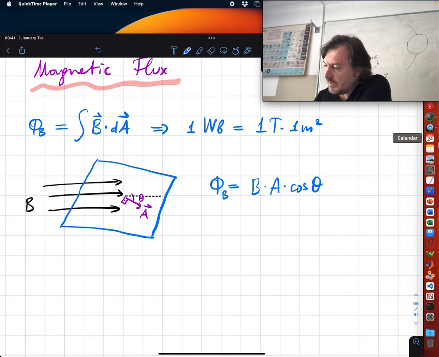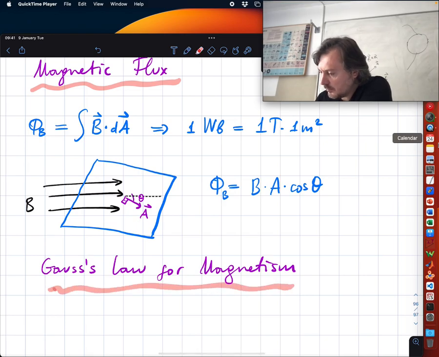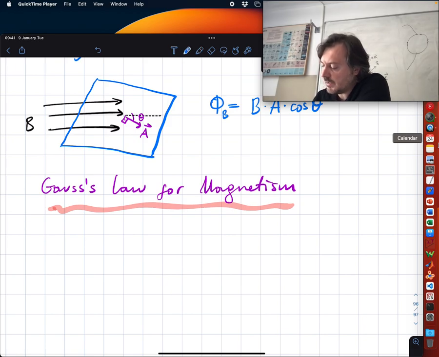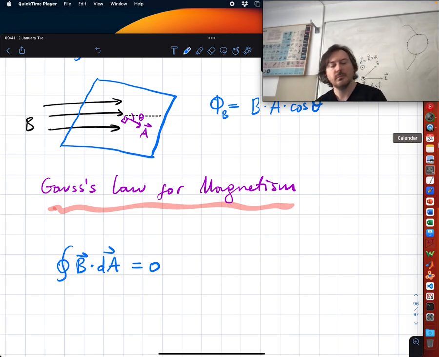So that brings us to Gauss's law for magnetism. Gauss's law for magnetism tells you that as far as experiments show, the integral of B dot dA is 0, because there are no monopoles.